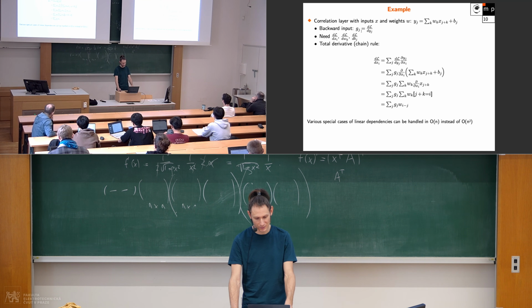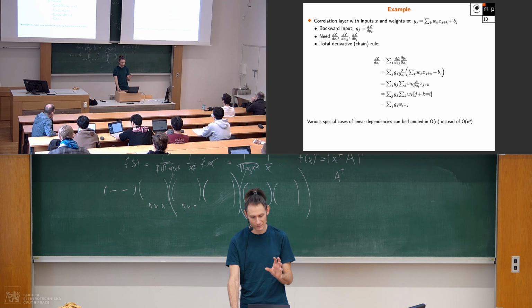That's what our backward function receives on the input, so this is g_i. Then the derivative of every output with respect to every input: we substitute the output, so this is the sum. The derivative is linear, so it commutes with the sum, and we can put it through the sum.